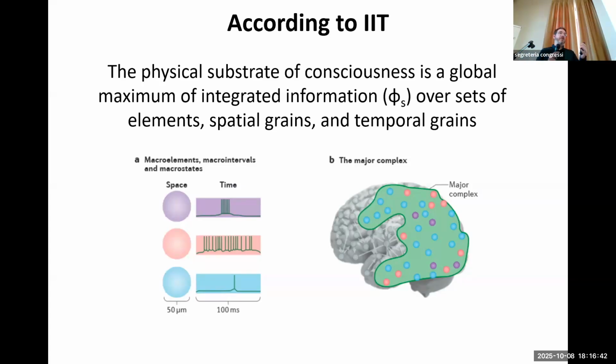Is it the whole brain? Is the cerebellum in or out? But on a second pass, we introduced the idea that it's not only which units, but at what grain those units are. Are they neurons in the back? Are they mini columns in the front? So what's the grain of these units? That's the IIT answer: you need to look at all these potential scales and find the one that maximizes integrated information.